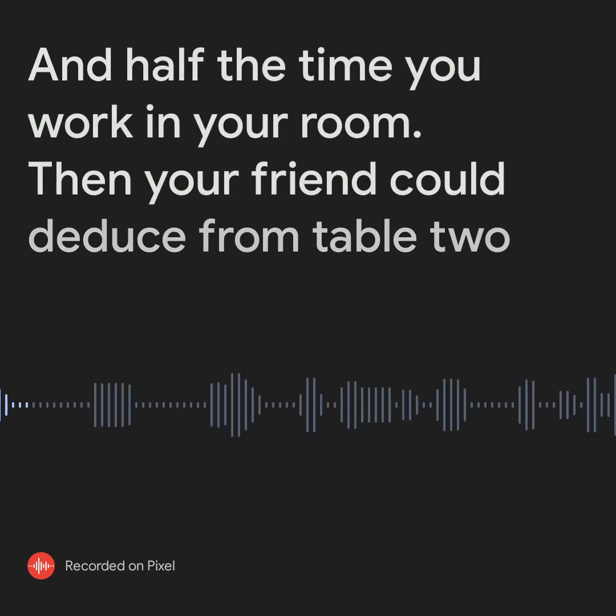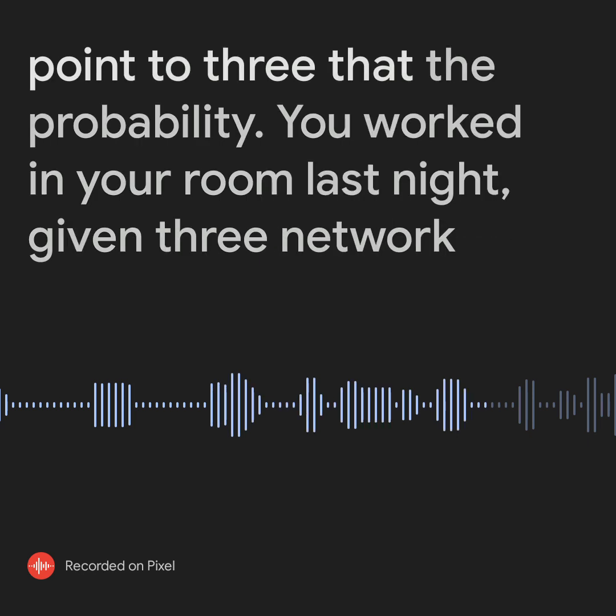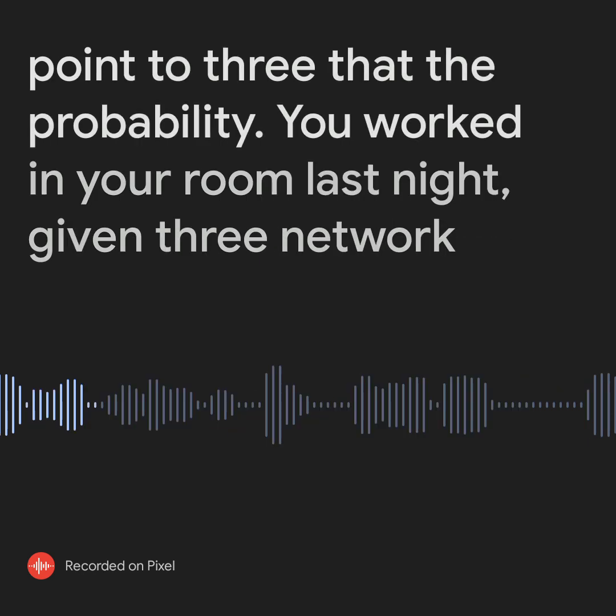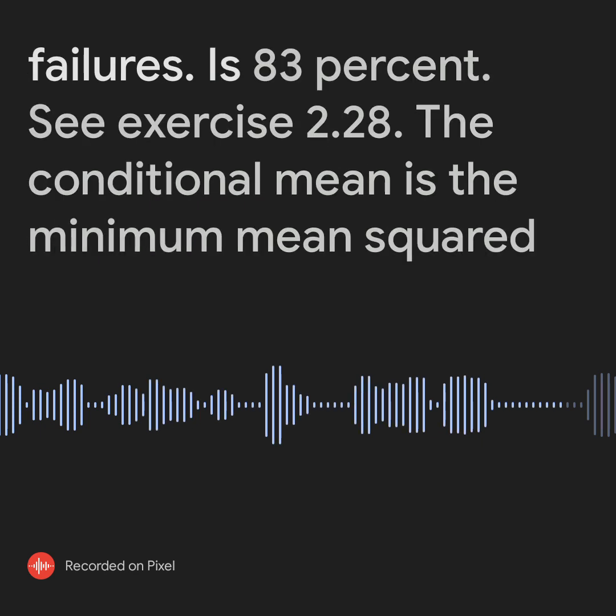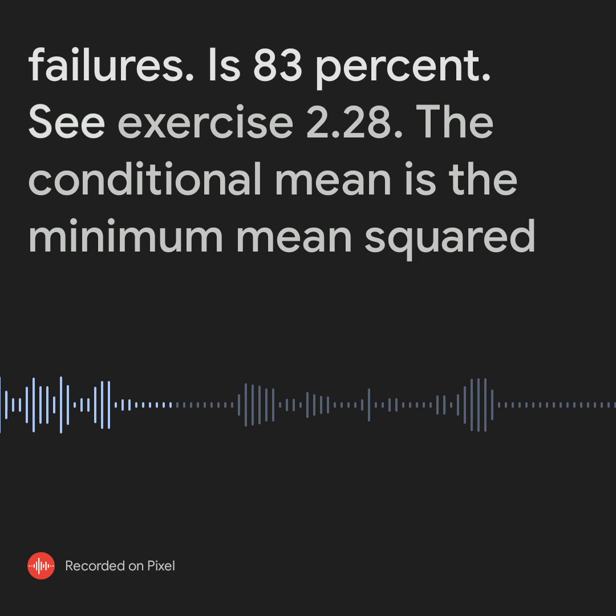Then your friend could deduce from table 2.3 that the probability you worked in your room last night given 3 network failures is 83%. See exercise 2.28.